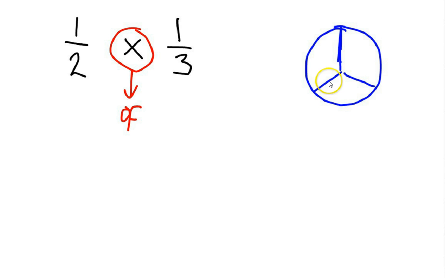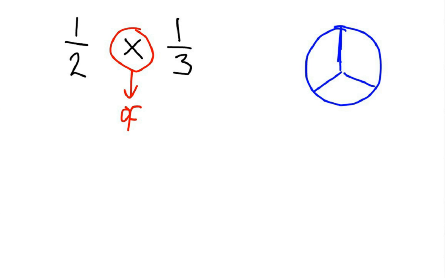So if we have a look over here at this circle I've drawn, and I've divided it roughly up into thirds, 1, 2, 3 equal parts. If I'm looking for a half of a third, one of these sectors of the circle represents a third, and we want to find half of that third.